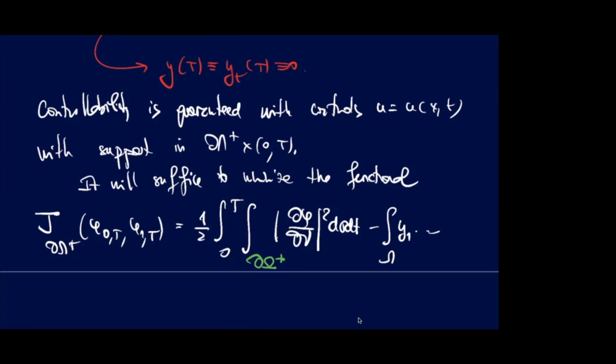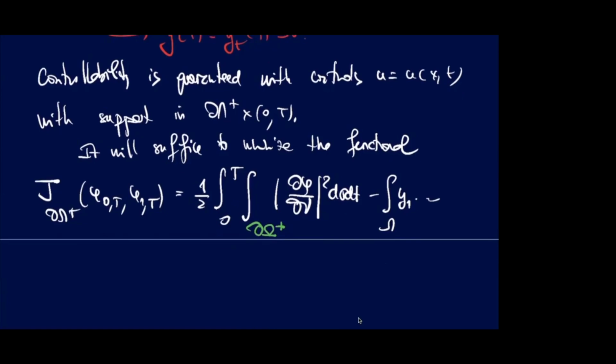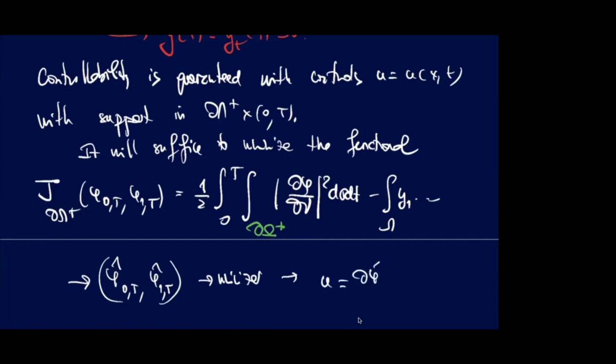This will give you a minimizer, and the control will then be the normal derivative of this minimizer, but now localized within the control region.